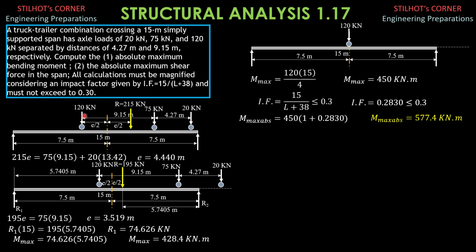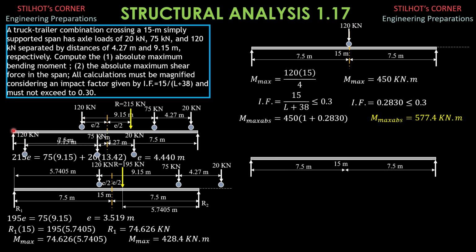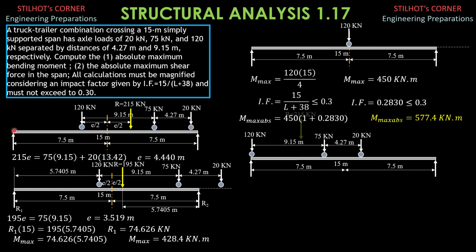So we position the 120 kilonewton load over the left support as shown, and the resultant is 215 because all the loads lie on the span. 9.15 plus 4.27 is only 13.42, which is less than 15, the span.